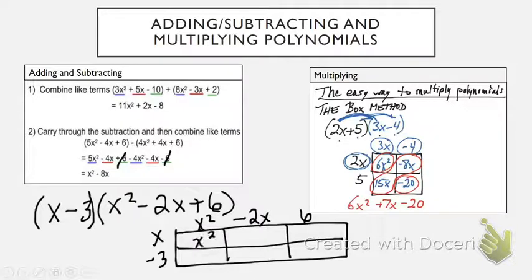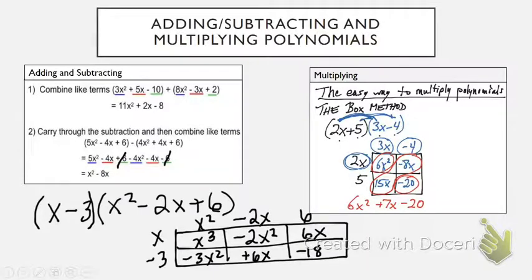This becomes an x cubed minus 2x squared, 6x. Now we go ahead and multiply this. A negative 3x squared, minus times a minus is a positive. So positive 6x, and then a negative 3 times 6 is a negative 18.